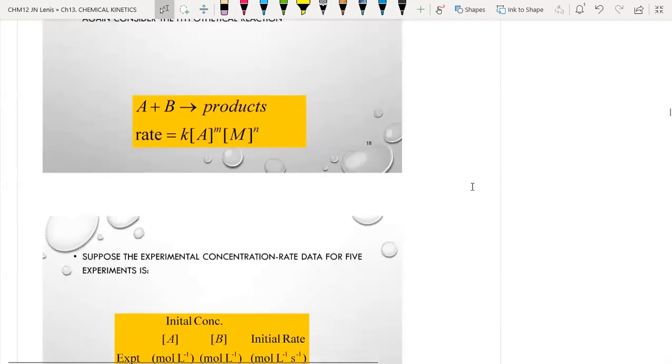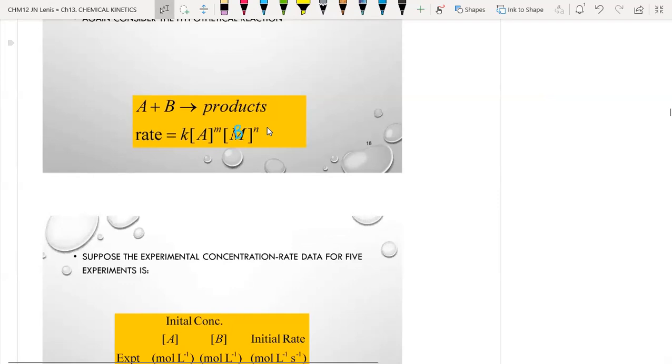So in general, this is how you express the rate law for any chemical reaction, only in terms of reactants. Here I should write the concentration of B, because B is the reactant.